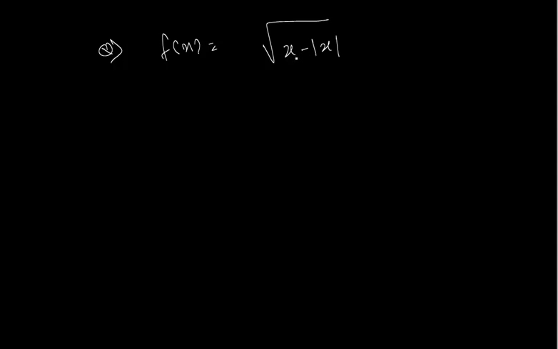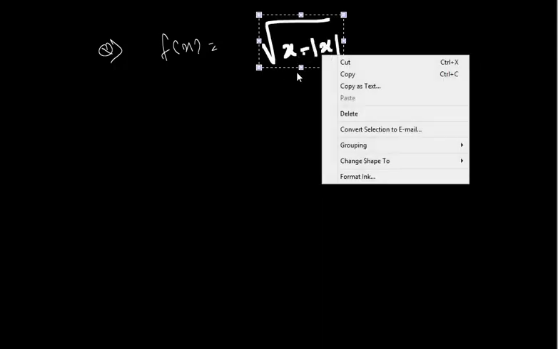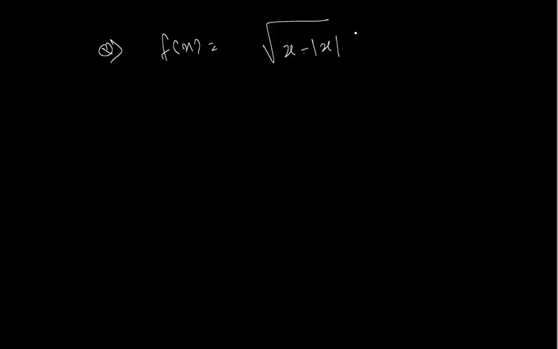If I take 0, that's already 0. If I take minus 100, then minus 100 minus of modulus of minus 100, which is 100, the overall quantity becomes negative. So that's not possible. That means as input you can give anything from 0 to infinity, but you cannot give any negative value.